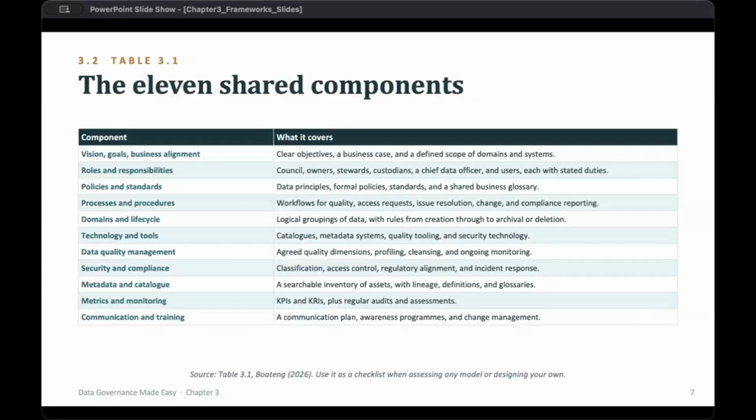Now there are different components that can come into a governance framework. Every blueprint should have certain things in it that help you understand where you are going. The blueprint will look at the vision and goals, the clear objectives, the business case, and the kinds of systems we have, the domains of the system.